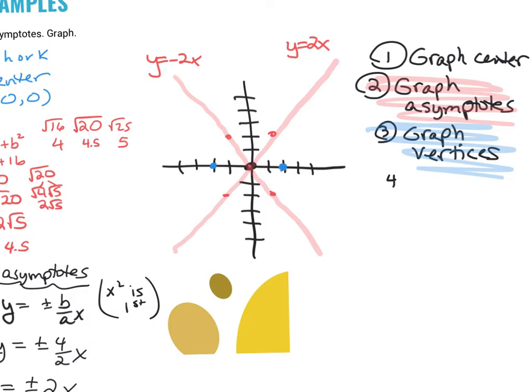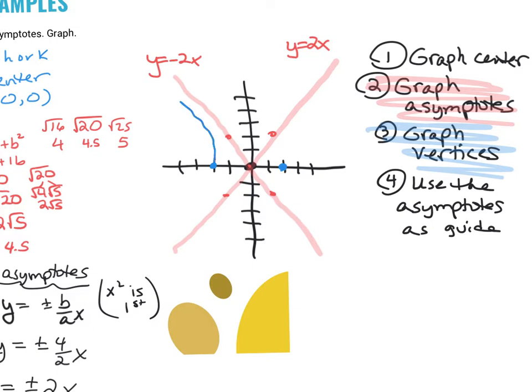Step number 4, I'm going to use the asymptotes as my guide, and I'm going to have my graph skim along them. I'm going to graph the hyperbolas now using the asymptotes as a guide. I don't need precision.